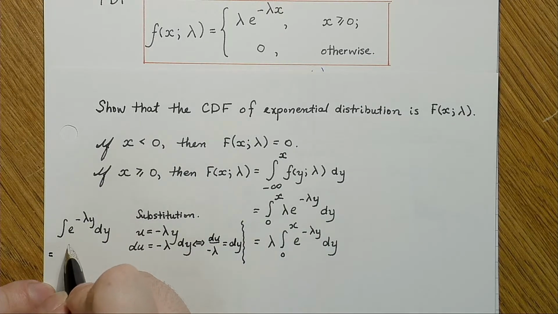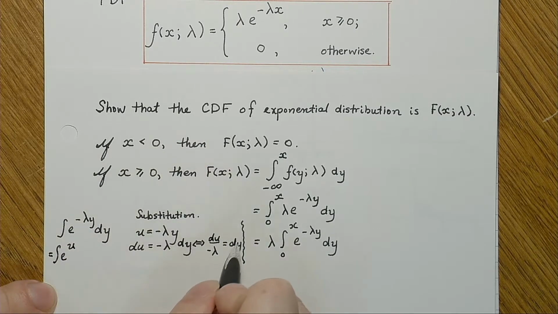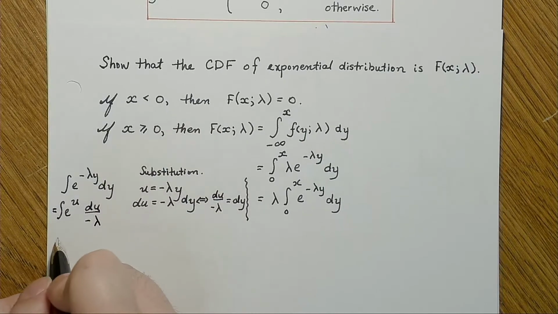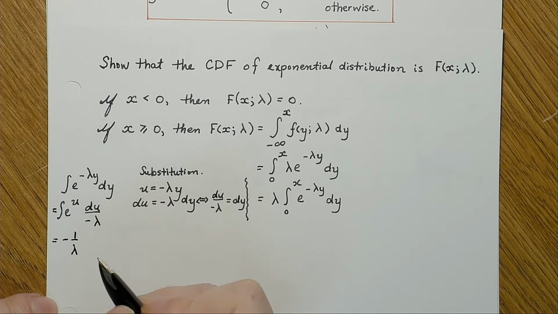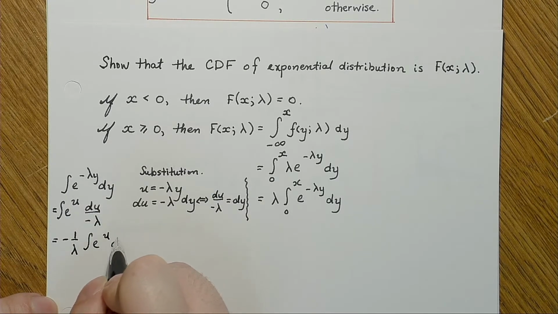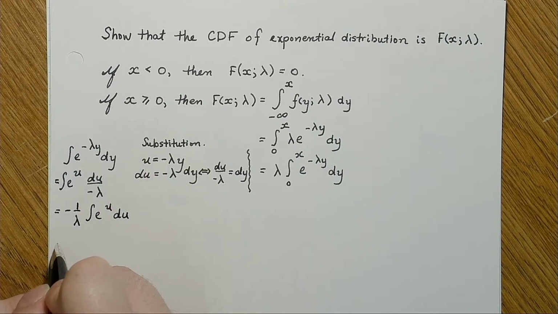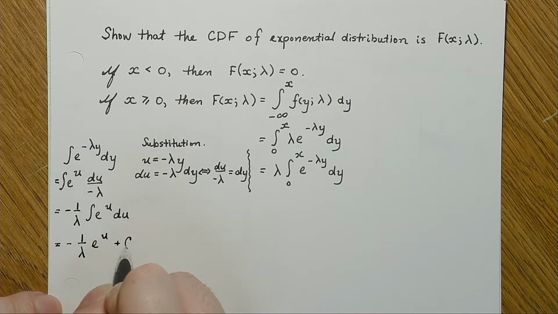So now I can do my substitution. I have e to the u, and my dy is du over minus lambda. I can bring that minus lambda out front. The integral of e to the u is e to the u plus a constant.